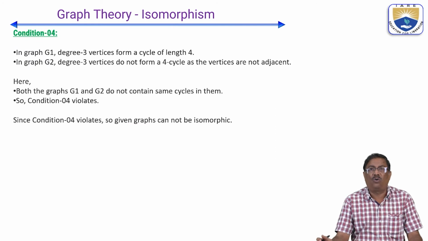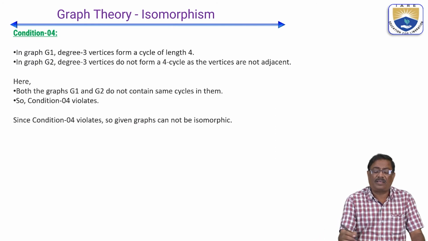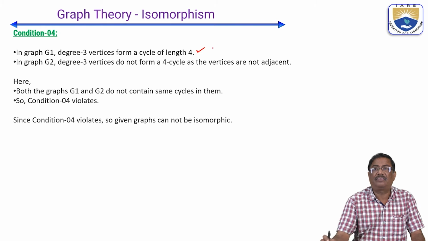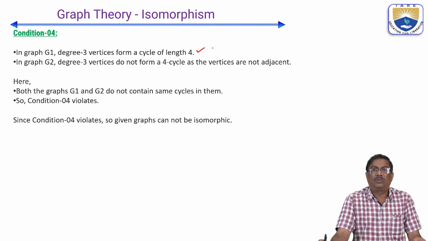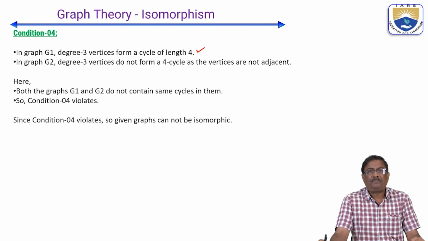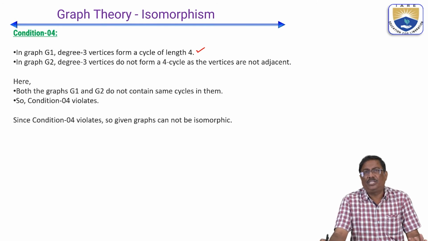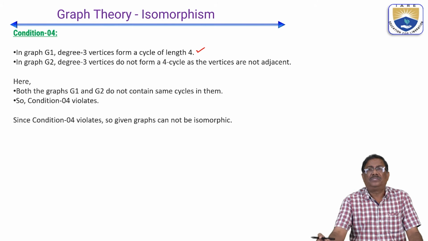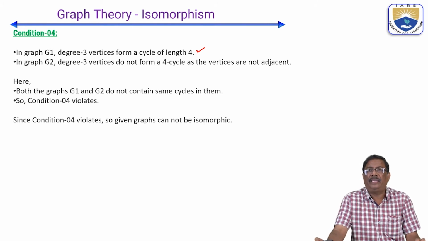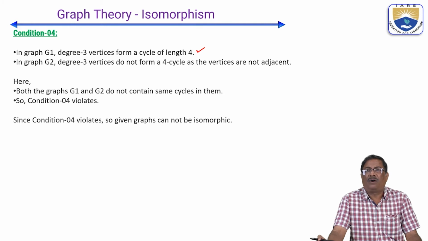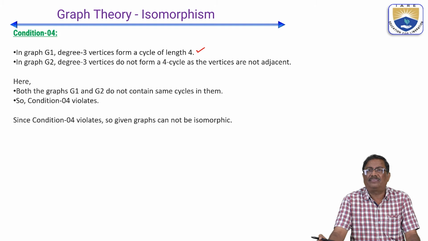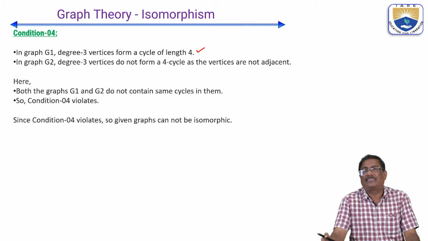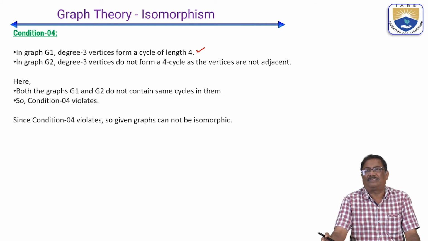Now condition 4. Both graphs have cycles of length 4. See here, in G1 the degree 3 vertices form a cycle of length 4, and in G2 the degree 3 vertices do not form a cycle of 4 vertices.